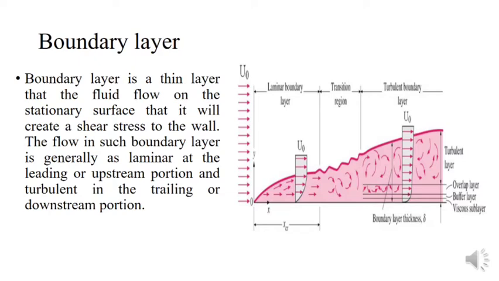For laminar, you can see the direction of the flow shows the same direction, while the turbulent boundary has overlap, where the direction is not clear.